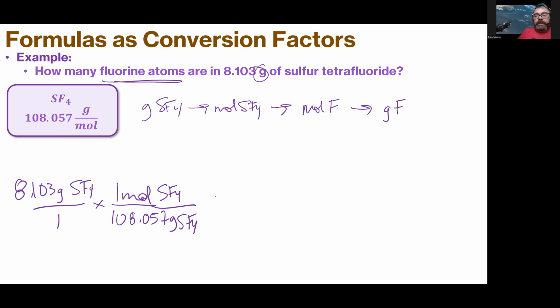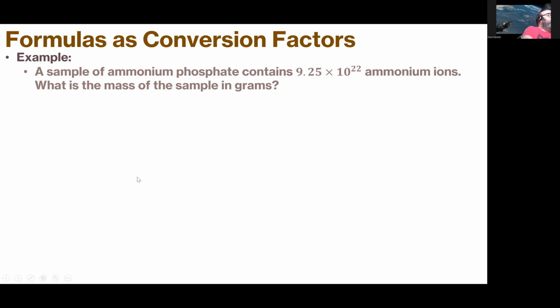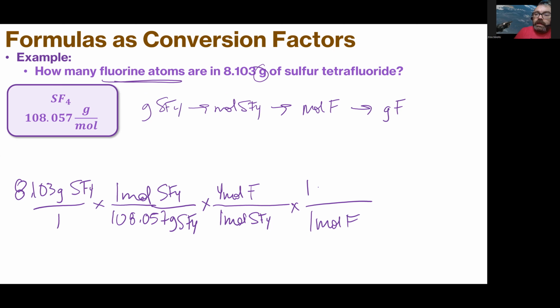Once we have that, we know from the previous little bit that 1 mole of SF4 has 4 moles of fluorine. And we'll know that 1 mole of fluorine is 18.998. I'm dawdling while I find my periodic table because I didn't put it in the slide. There it is, 18.998. So you can always find those on the periodic table, which you'll always have.